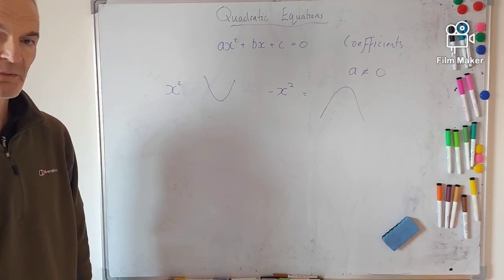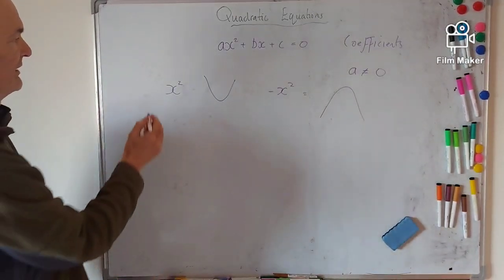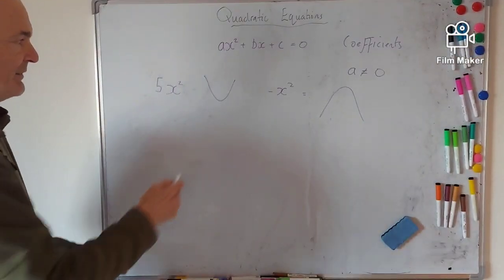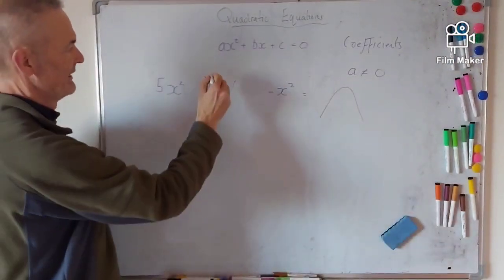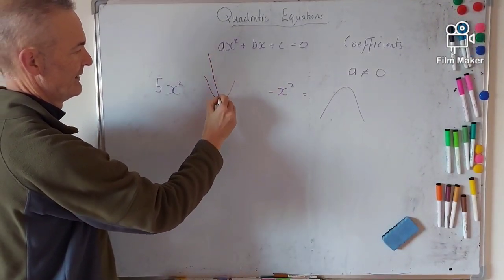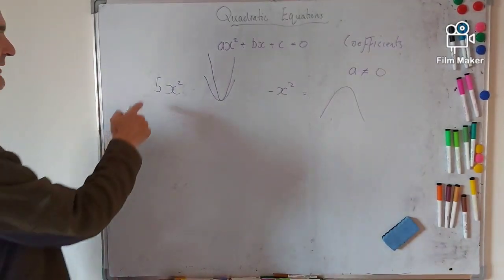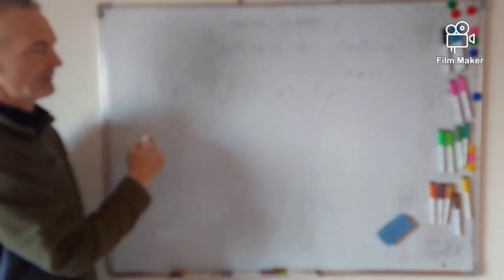What happens if we change the value of a? What happens if we make it bigger? So we make this 5, for example. What would happen to this parabola? Well, it would be squeezed like that. If this goes above 1, the higher it goes, the more it gets squeezed.